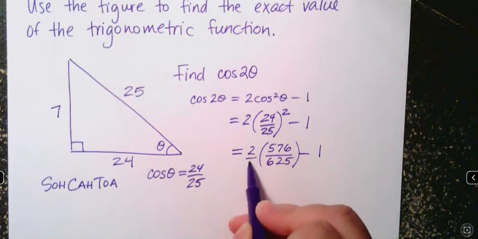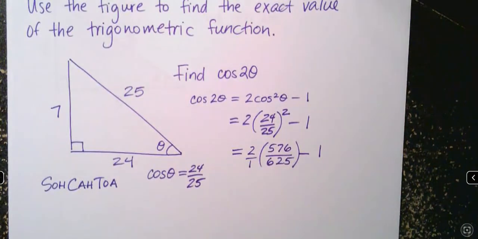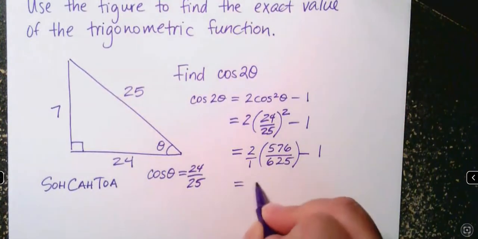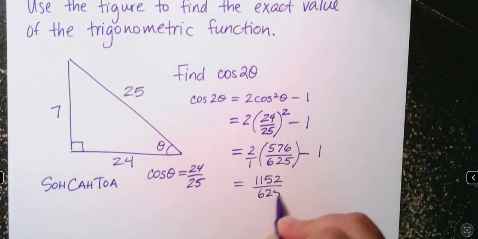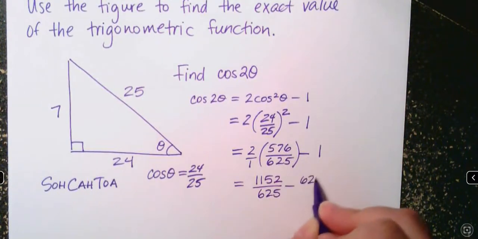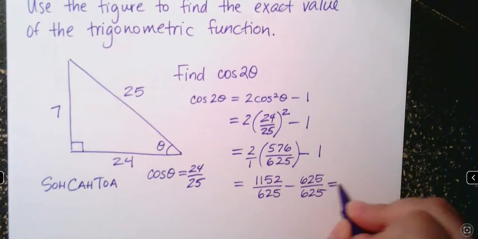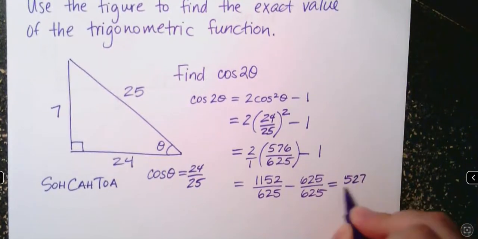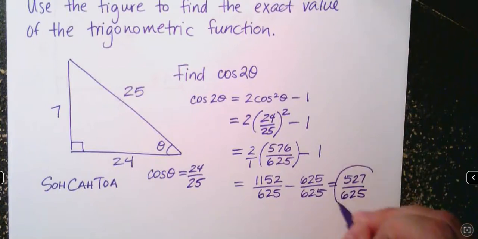So this is like 2 over 1, so it's really only going to double my numerator. So let's go ahead and do that. And we get 1152 over 625 minus 625 over 625. And that gives me 527 over 625. And that is my answer.